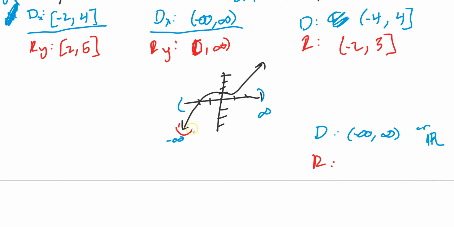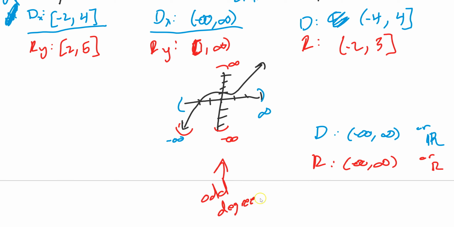The lowest I see is an arrow, so negative infinity, and the highest is also an arrow, positive infinity, or all real numbers. And that's going to happen if it's an odd degree function: it's always going to be negative infinity to positive infinity, because that's how the graphs go in both directions.